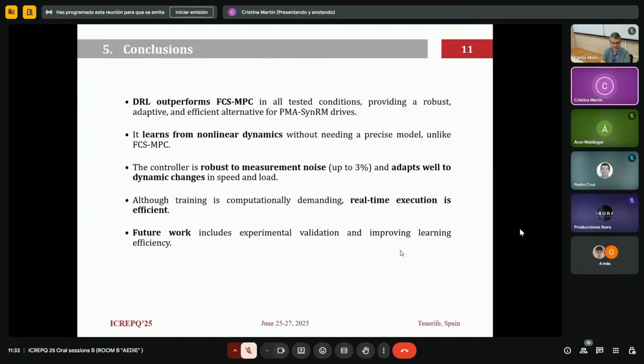Computationally speaking, although the training process can be intensive, the trained agent operates efficiently in real time, so an experimental deployment could be possible. As future work, we will focus on the experimental validation and improving the learning process too.